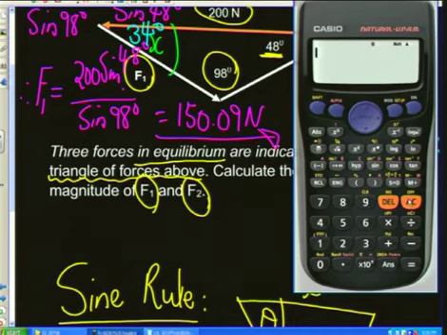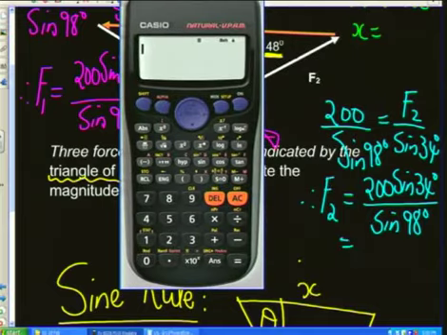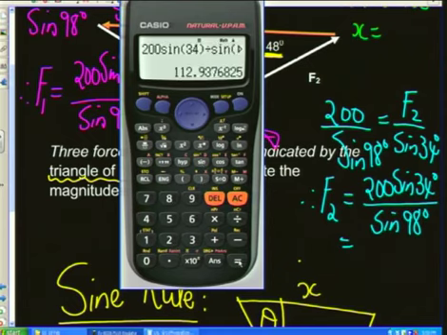Let's work it out. So this will be equal to 200 sine 34 divided by sine 98. Okay, what do you get? 112.94.